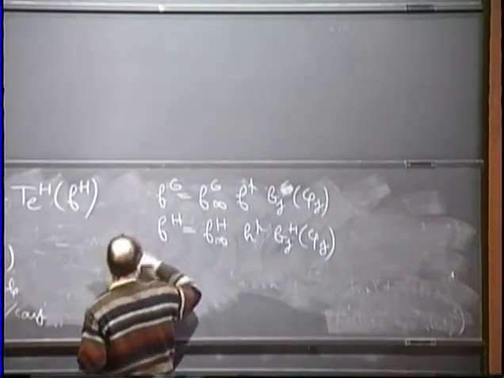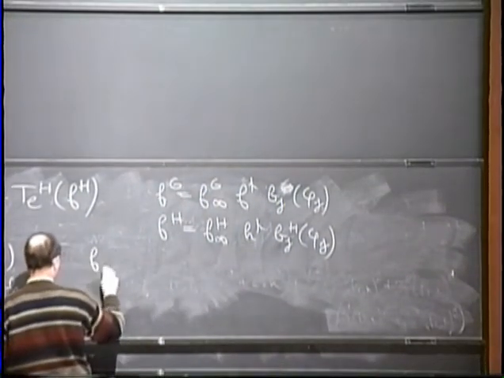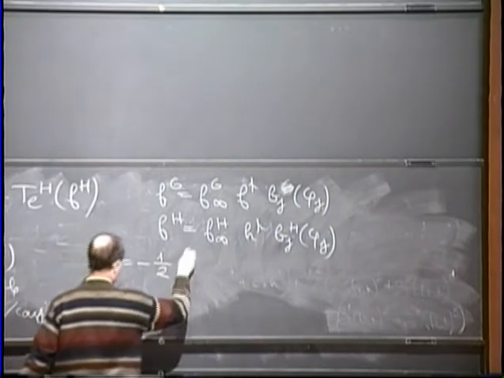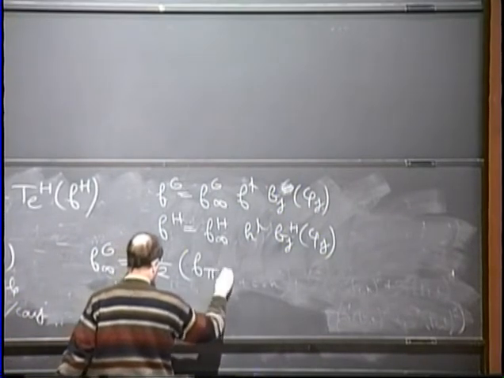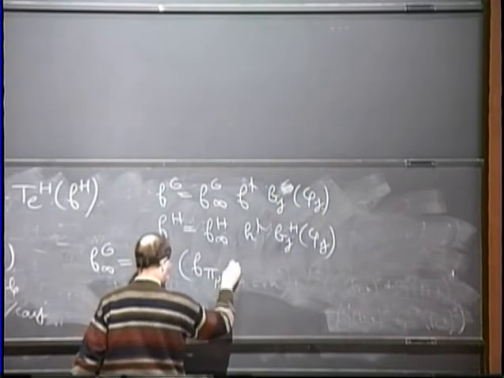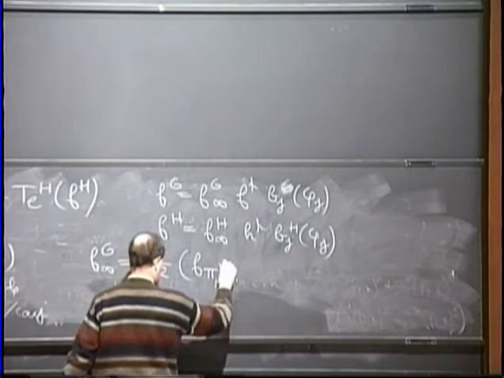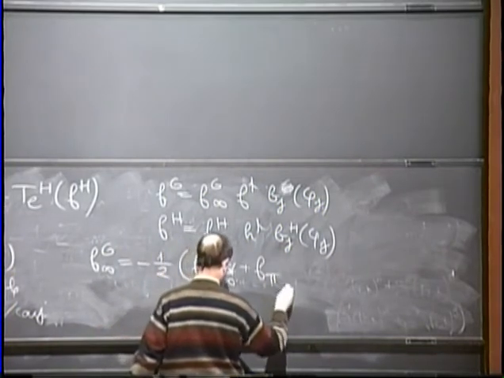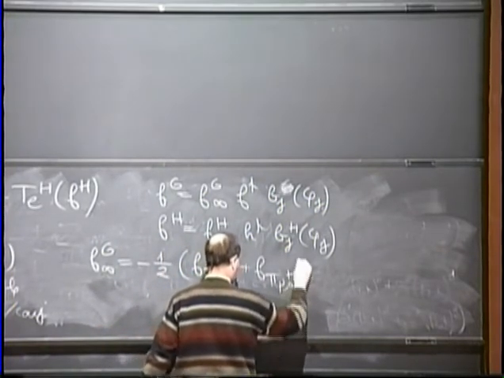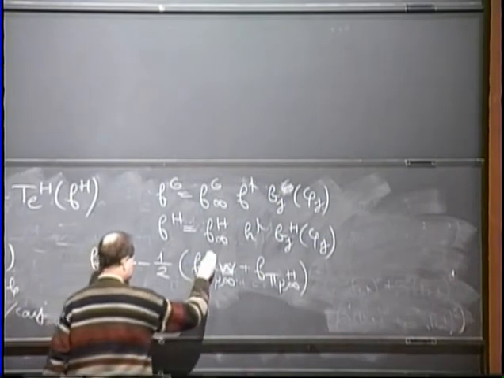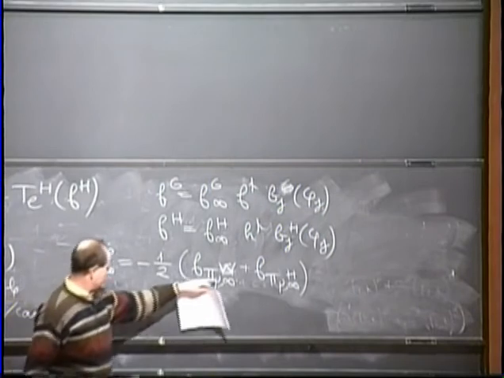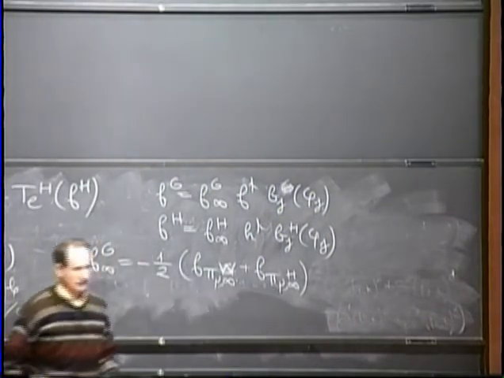So the part at infinity for the group J is minus 1/2 of a pseudo coefficient, an average pseudo coefficient, an Euler-Poincaré function on the packet. So those are pseudo coefficients of the discrete series representations which are in the packet.